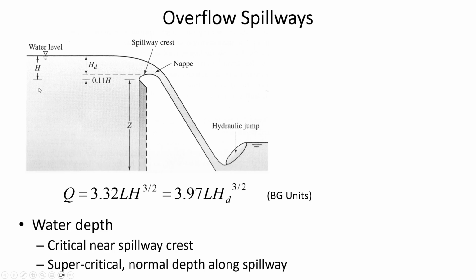So here you can see that we're measuring two different things. There's a hypothetical sharp-crested weir, and that's what is shaded here in the darker gray.